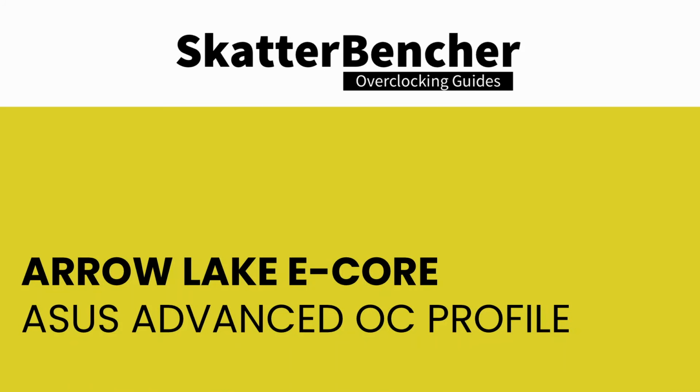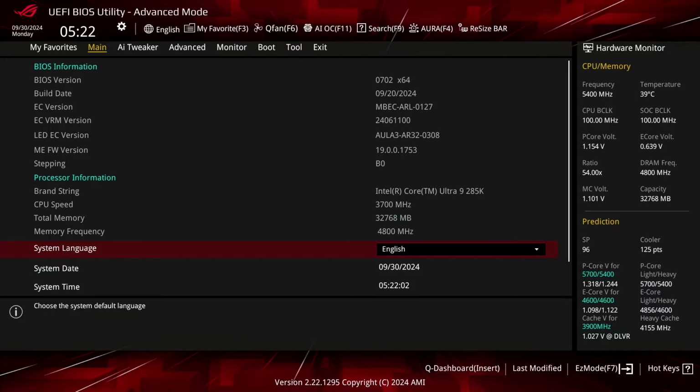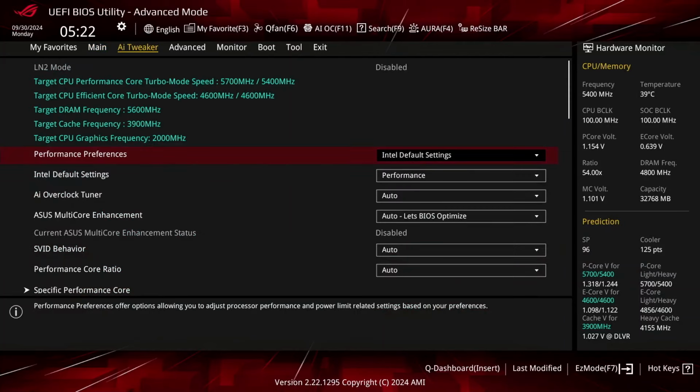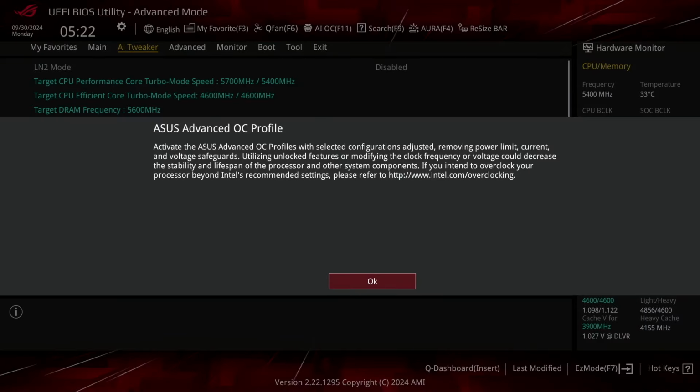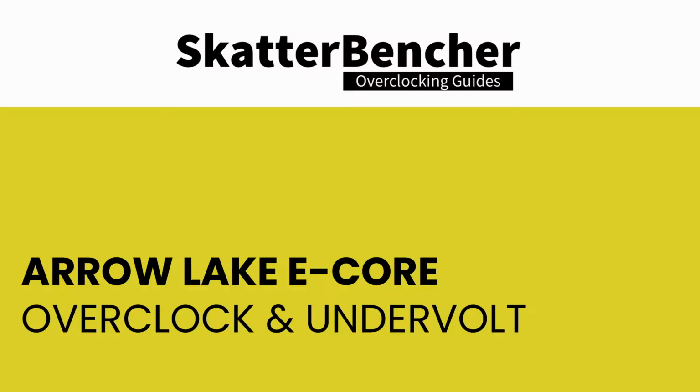The ASUS Advanced OC profile is a more elaborate, unleashed overclocking profile than multi-core enhancement, as it doesn't just adjust the major Turbo Boost 2.0 parameters, but also implements a lot of BIOS auto rules to facilitate overclocking.